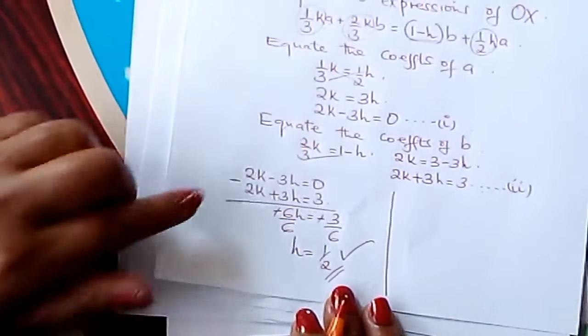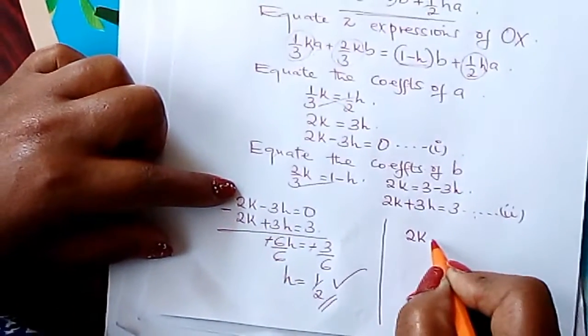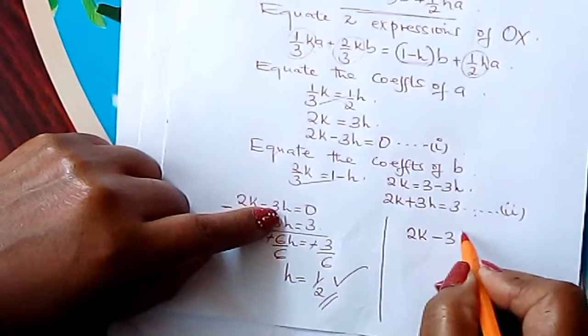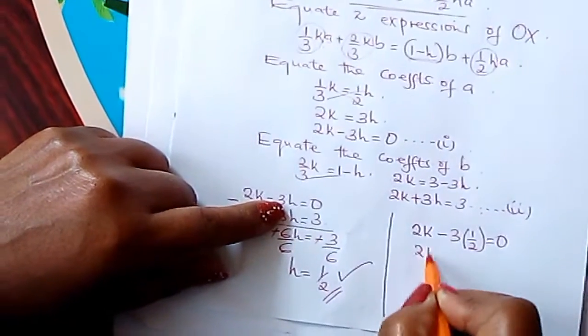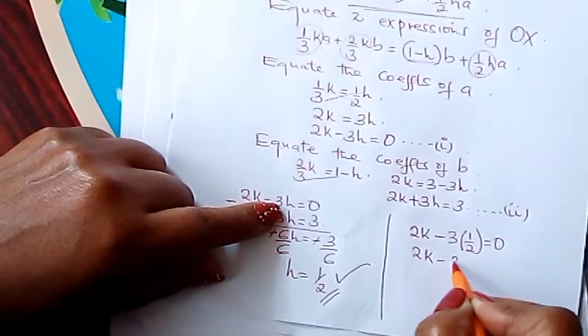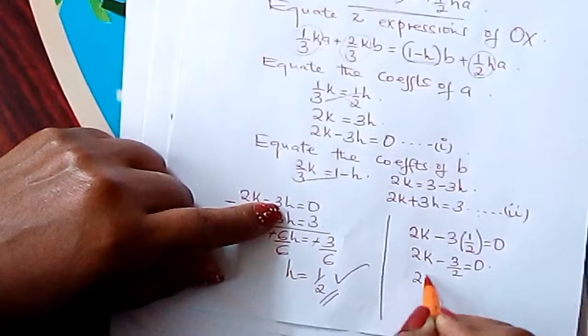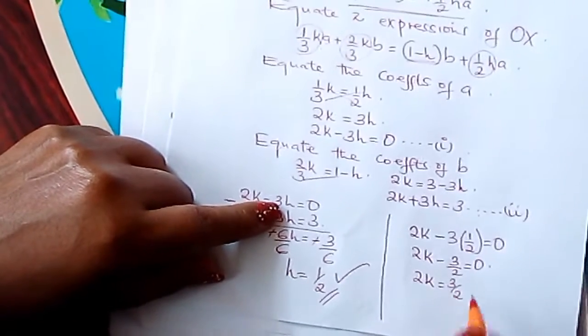Then, how do you get your K? You can use the first equation. You talk of 2K minus 3. Bring your H there. So, a half is equals to 0. 2K, learner, is equals to what? 3 over 2. Which is equals to 0. And therefore 2K is equals to, take this to the other side, you get that.